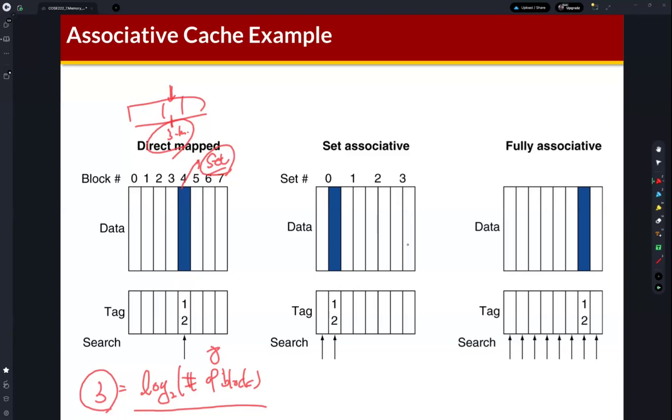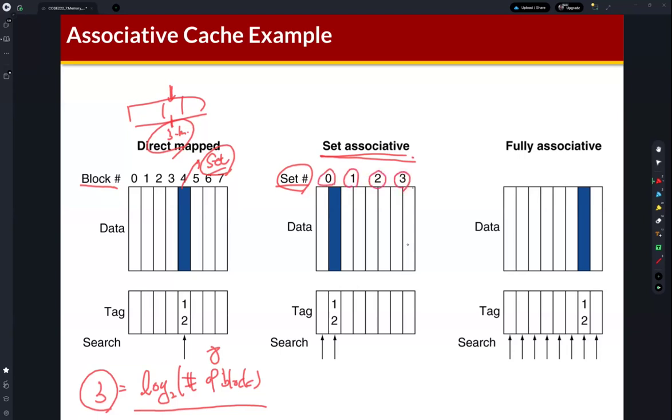Now let's see the set associative cache. Here you can find the set number instead of a block index number, so we use the set.